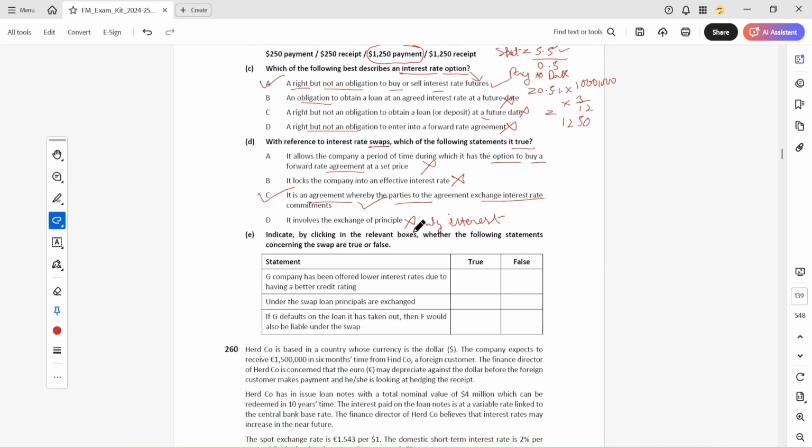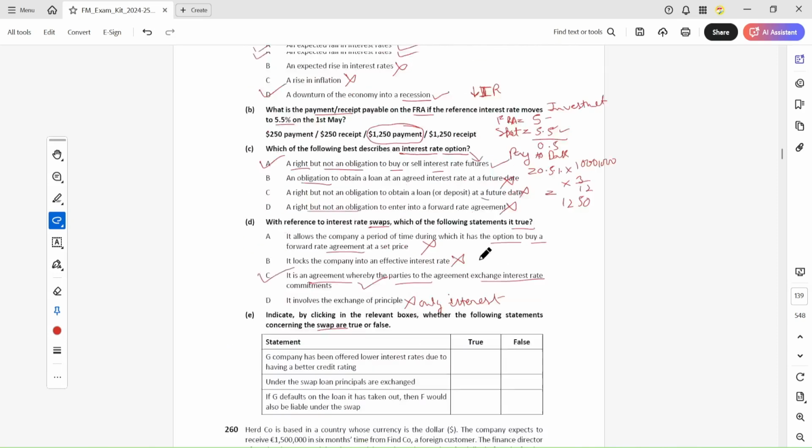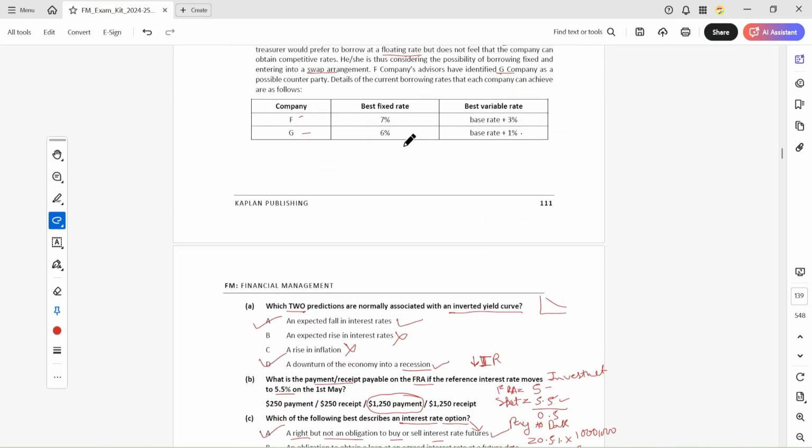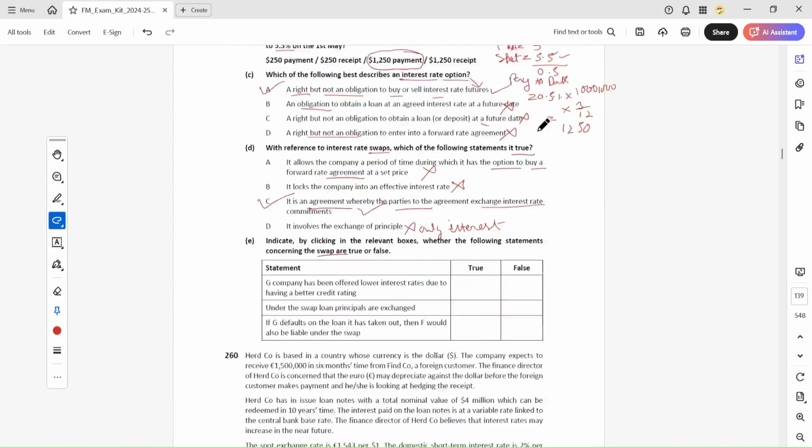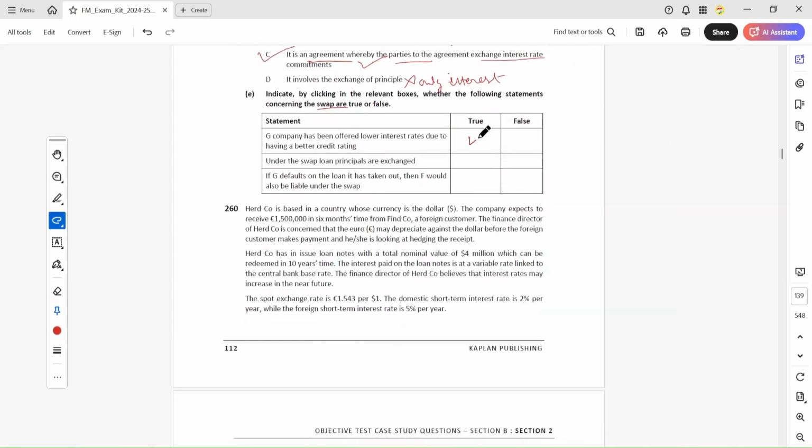Next: indicate by clicking in the relevant boxes whether the following statements concerning the swap are true or false. The company has offered a lower interest rate due to a better credit rating. G company is offered a lower interest rate due to its better credit rating. Yes, this is true. Under the swap, loan principals are exchanged.